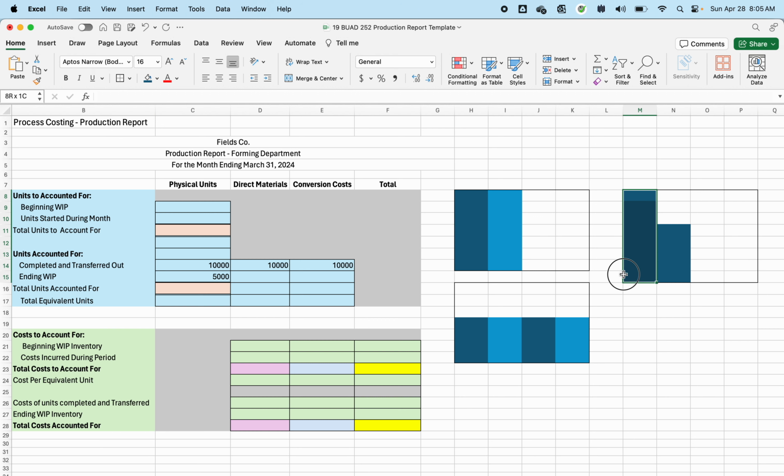That's like this one right here. That's 100% done. But this one is only 70% done. So what we have to do is take our 5,000, which is our ending inventory, and say it is only 70% done as to materials.